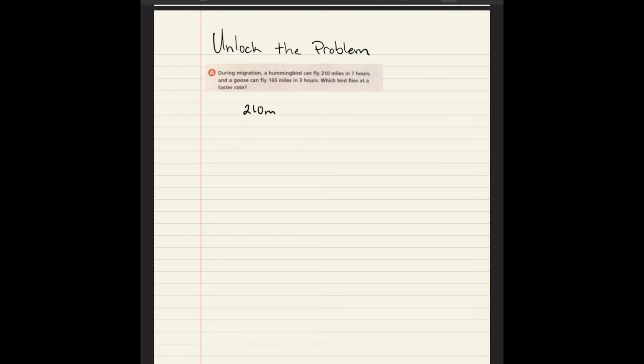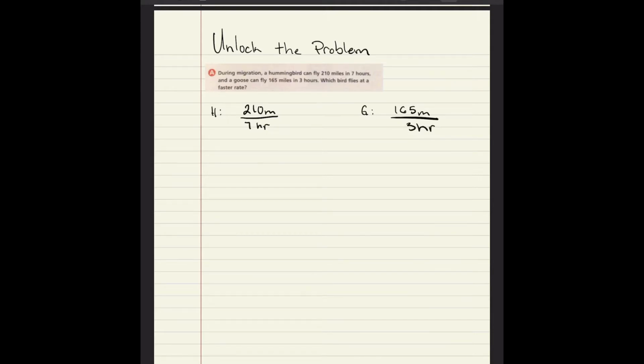So it's 210 miles. This is for the hummingbird. We'll do H. 210 miles to 7 hours. And then for the goose, it's 165 miles for 3 hours.